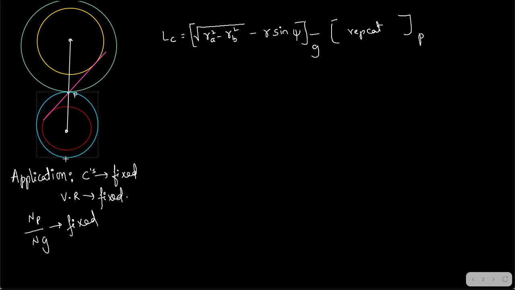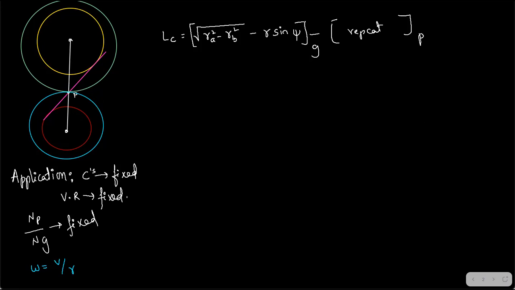These two pitch circle radii cannot change. Why? Because omega is V by R, or V is equal to R omega. V is the same at this particular point. It is called pitch line velocity.